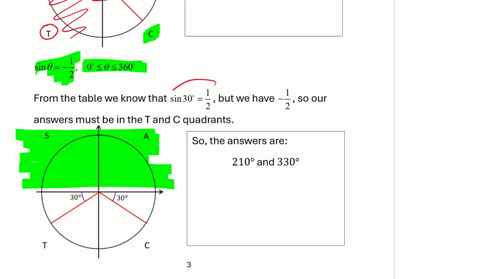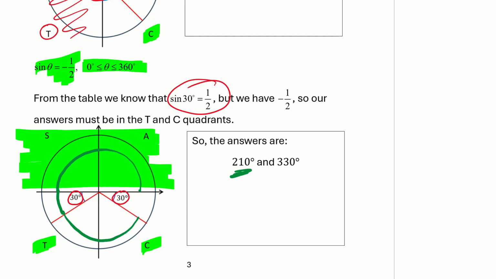We know that sine 30 is a half, so that's why it's our reference angle, and because it's negative, it has to be in the T and the C. If we measure those angles from 0, that's 180, and another 30 is 210. Keep going, and this one is 30 before we get to 360, so 360 take away 30, and that is 330.